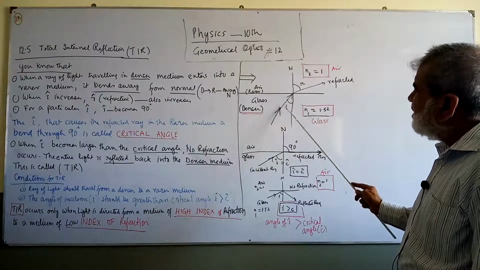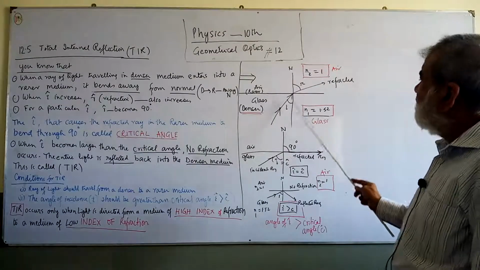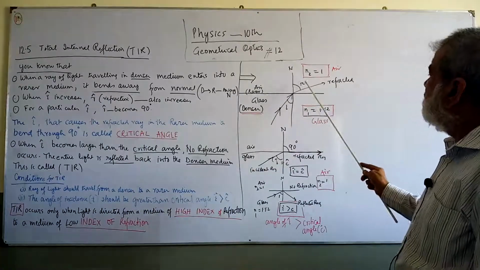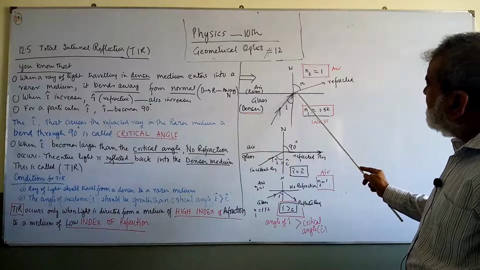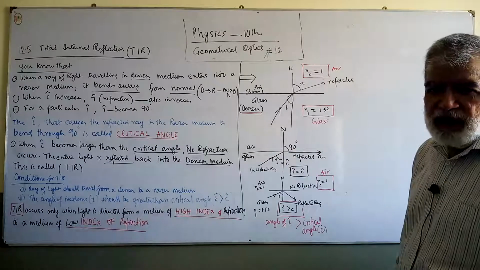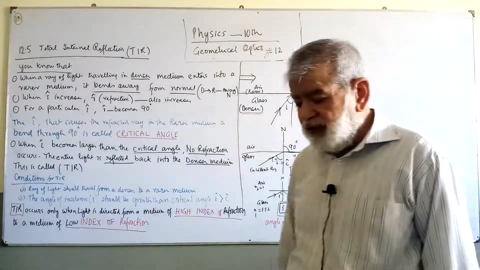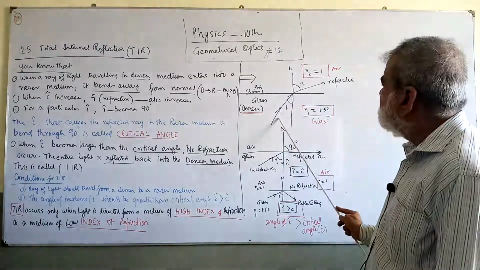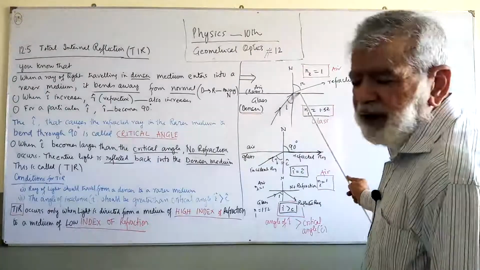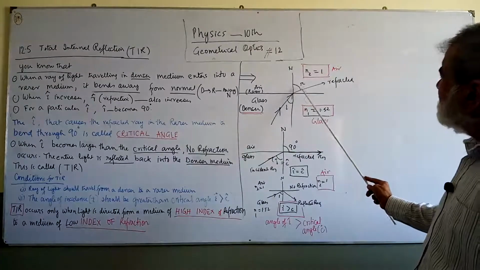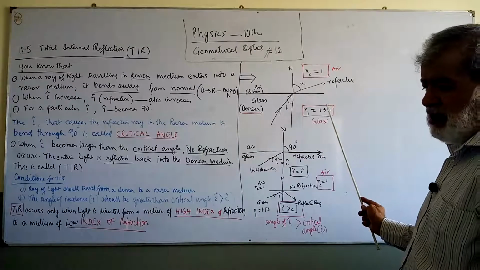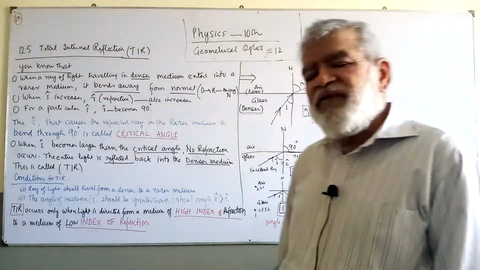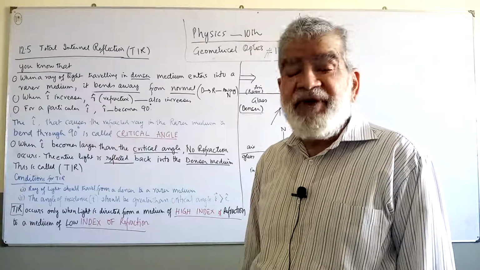Then you see that the angle of refraction is more, and it is bending away from the normal. The first thing that you have to remember is that when a ray of light is traveling in a denser medium and enters into a rarer medium, it bends away from the normal. From denser to rare, a ray of light will always bend away from the normal.